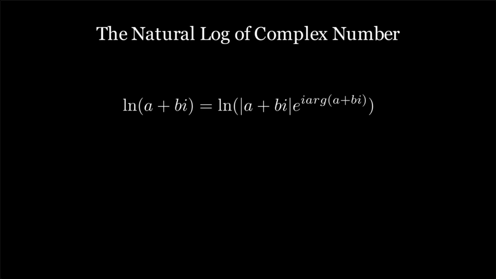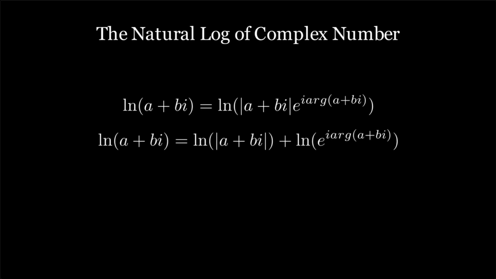So we take the natural log of both sides, right? And we see that the natural log of a plus bi will equal the natural log of the magnitude of a plus bi, which is a real number, plus the natural log of e to the i times the argument of a plus bi.